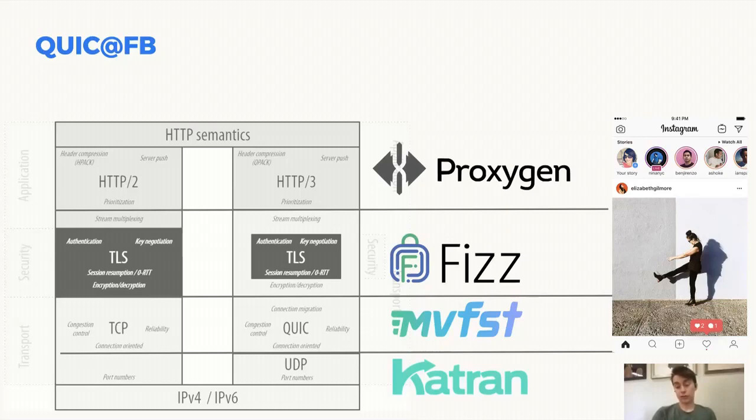And the bottom one is a little bit of an odd one out, but it's our layer 4 load balancing software called Katran, which is based on XDP and eBPF, and it allows us to load balance both TCP and QUIC connections consistently and reliably for our data centers.